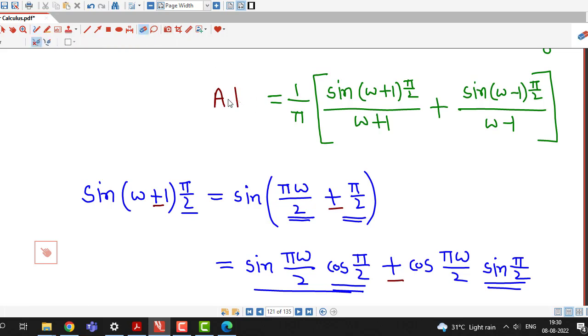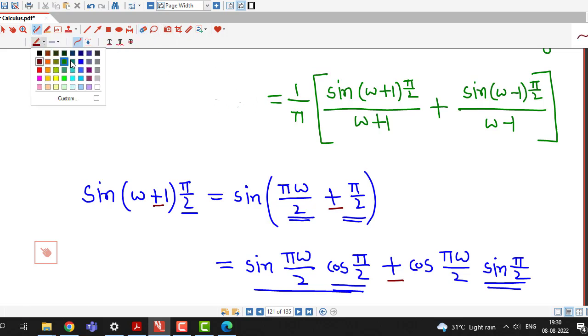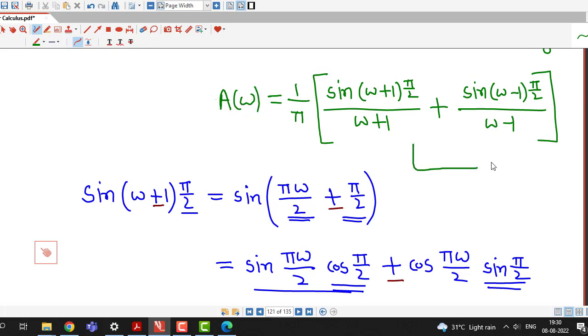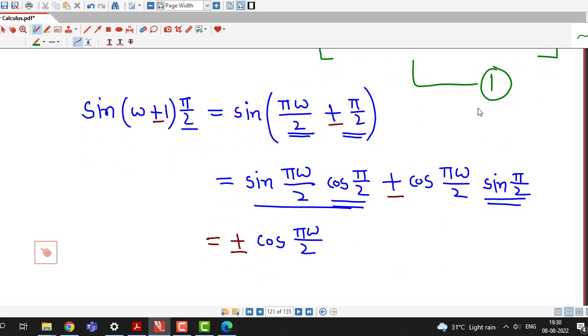Here we have to find out what a omega is. So now we substitute all these things. We substitute the values of these two quantities in number 1.